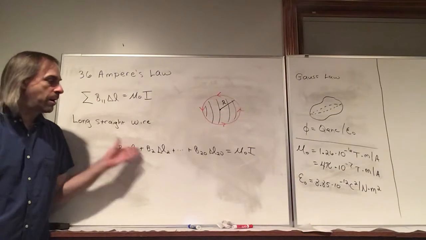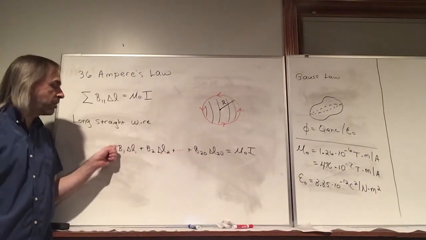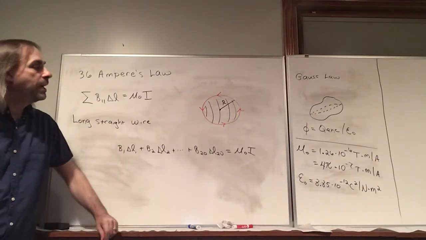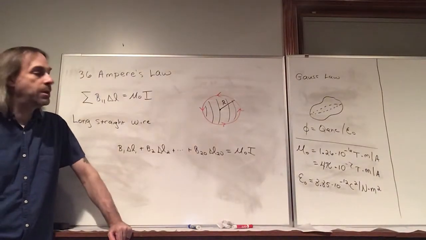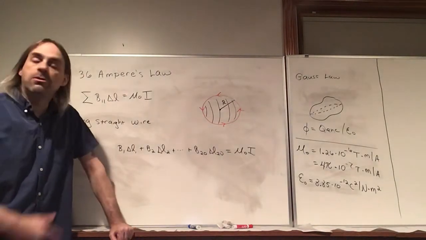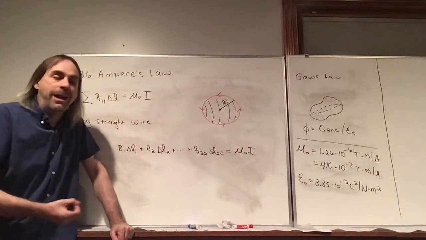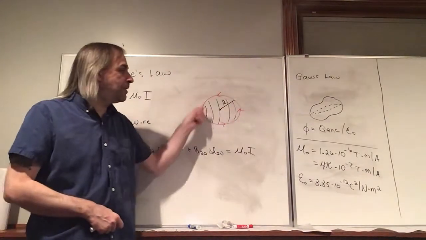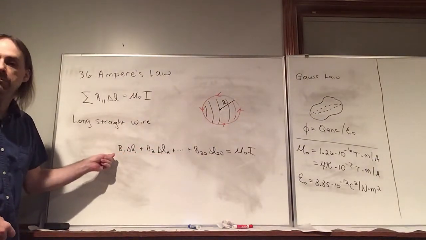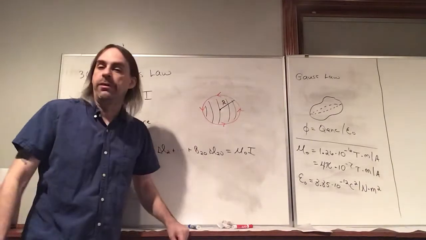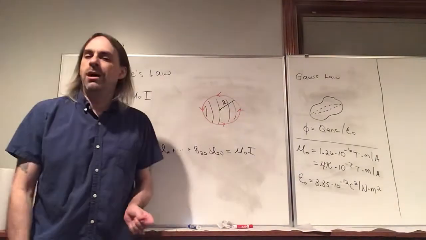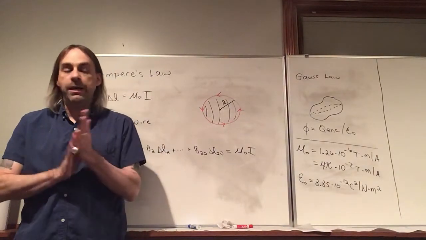I don't want to clutter up the notation too much. Remember, if necessary, we break the magnetic field into components and only take the appropriate component, whatever's going along that line segment. So this is what Ampere's law would tell us, and we don't know the magnetic field. If we break this up into 20 pieces, we have a single equation with 20 unknowns. We're not going to be able to solve that. So in general, Ampere's law is not going to just tell you what the magnetic field is.